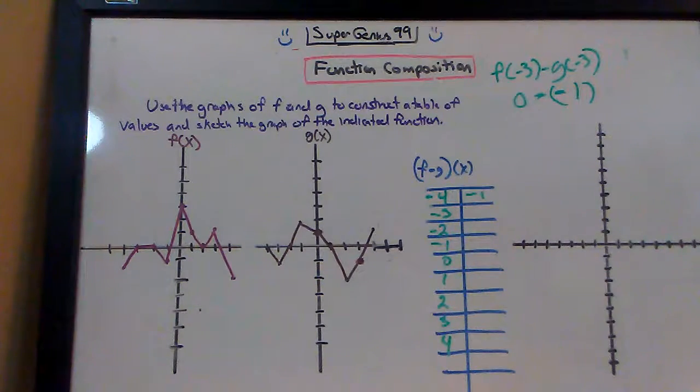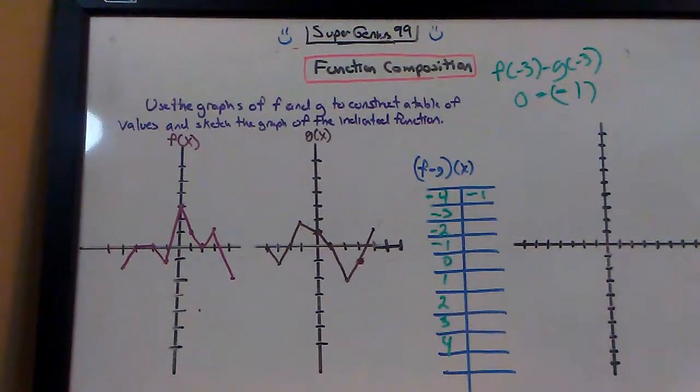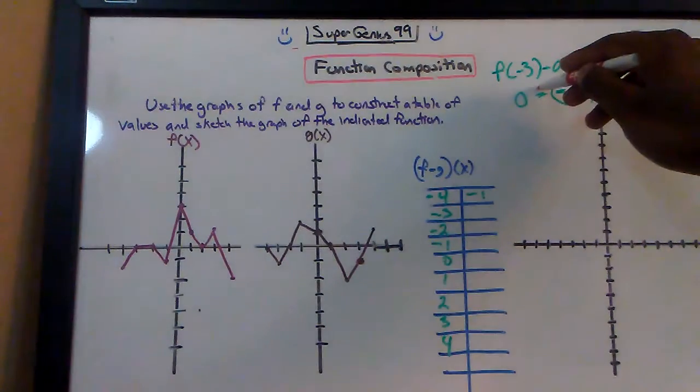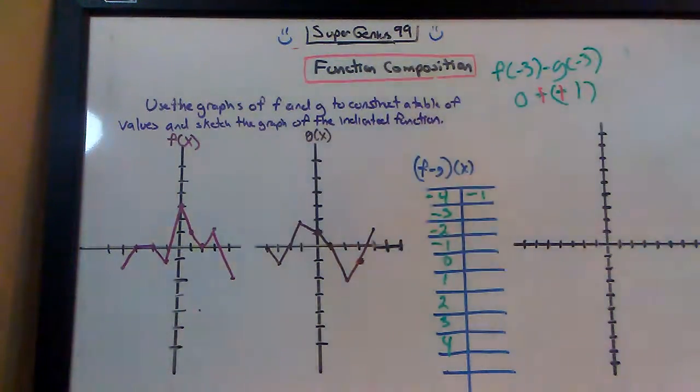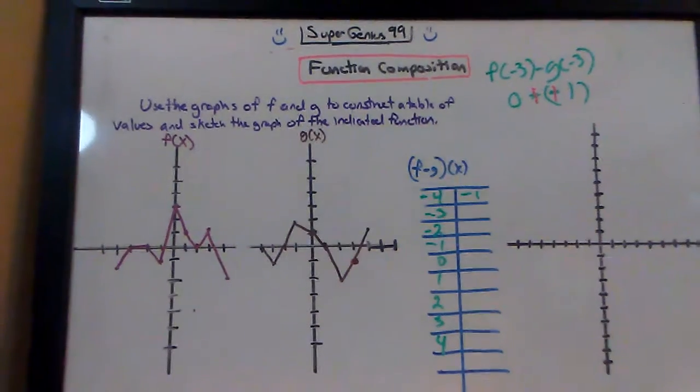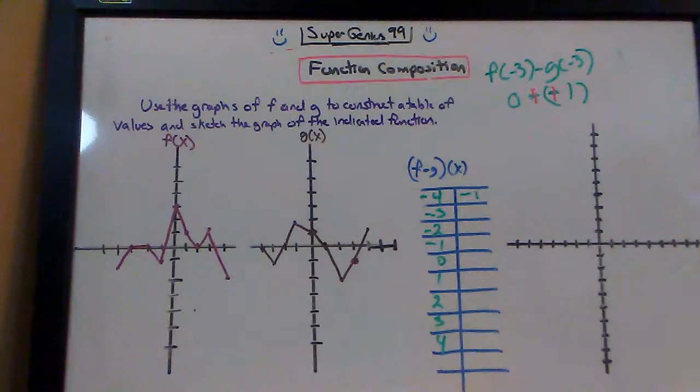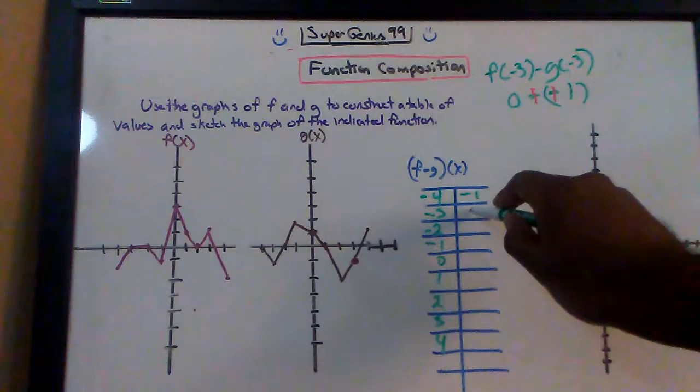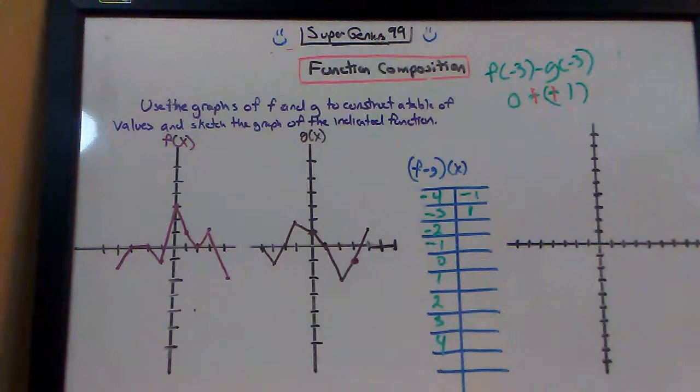And then what is 0 minus -1? If you remember, you have a double negative, what do you do? If you have a double negative, remember, add a line, change the sign, or add two lines. So 0 minus -1 is the same thing as 0 plus 1.